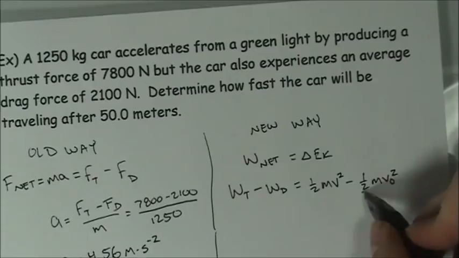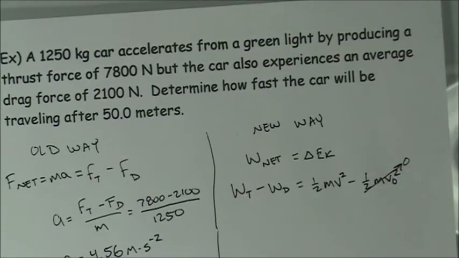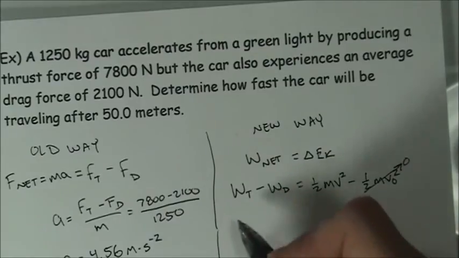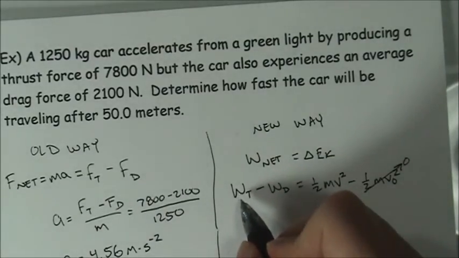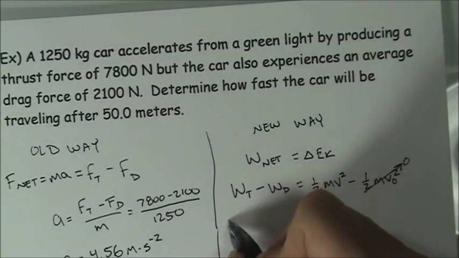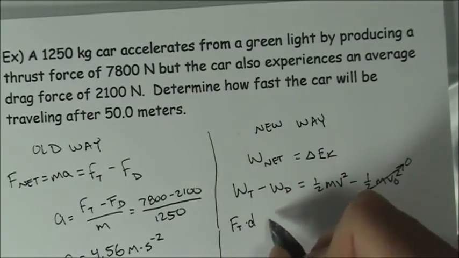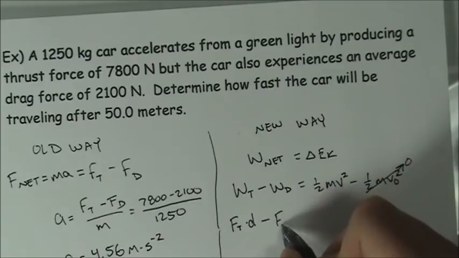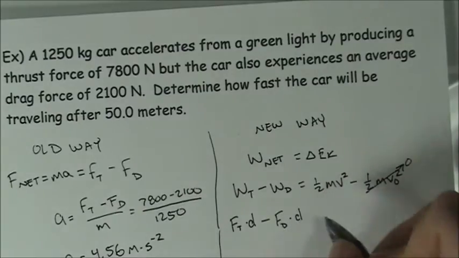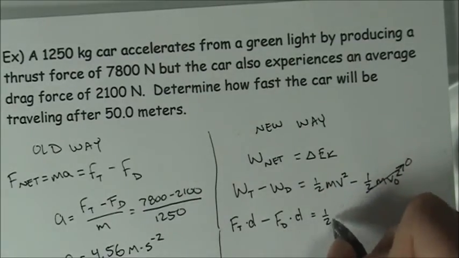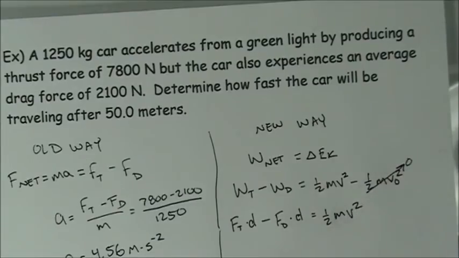Okay, but obviously this is 0, so we can just get rid of that. And I have all of these numbers, so the work from the thrust force would be equal to F_T times d minus F_D times the displacement, and that would be equal to 1/2 mv squared.